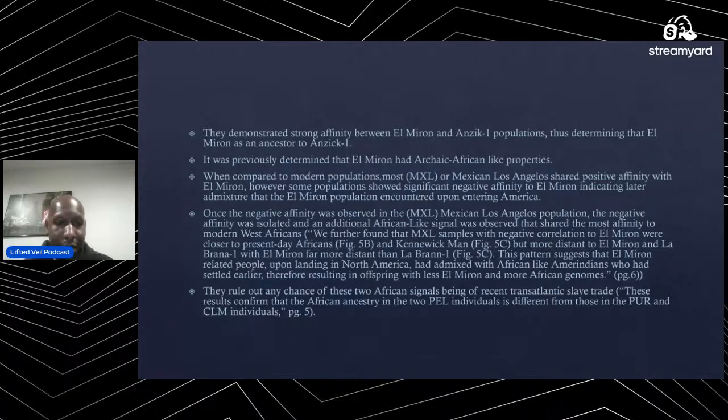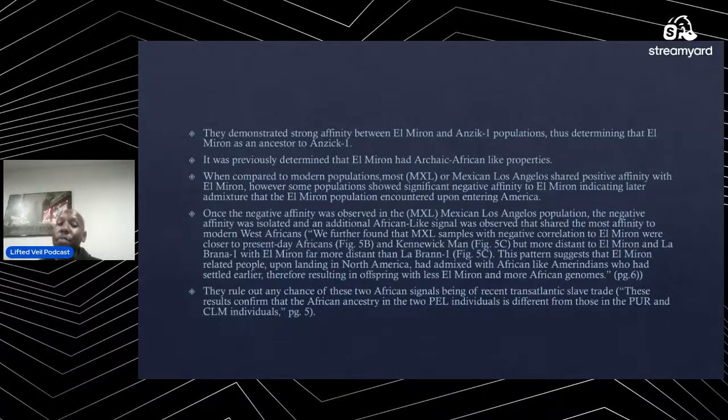So I'm going to repeat that. We further found that the Mexican Los Angeles samples with negative correlation to El Moran were closer to present-day Africans in Kennewick man, but more distant to El Moran and Lebrana 1, with El Moran far more distant to Lebrana 1. This pattern suggests that El Moran-related people upon landing in North America had admixed with African-like Amerindians who had settled earlier, therefore resulting in offspring with less El Moran and more African genomes.